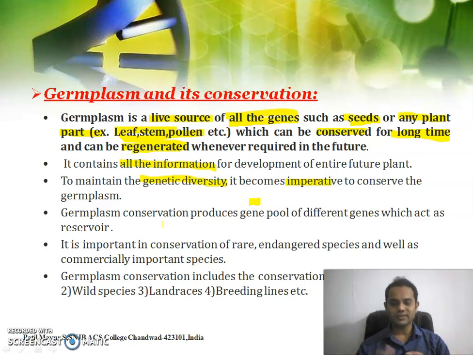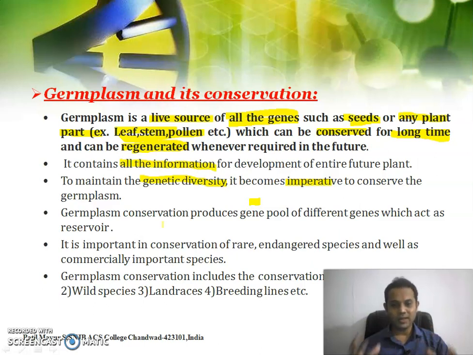So, dear students, it is very important to see how the germplasm should be conserved. It is our prime, foremost duty to conserve the germplasm, because until and unless we conserve it, we cannot have the right to live this life.